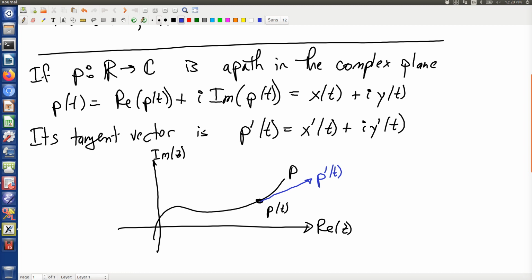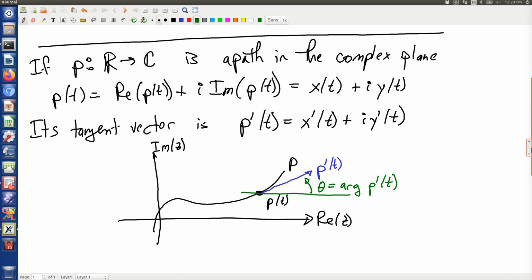That's a complex number, and that complex number has an angle. That angle, theta, is conveniently the argument of p prime of t. So if I want to find angles in complex numbers, it's actually quite easy because they're built into the way that we do the complex algebra. Okay, sounds like a plan.